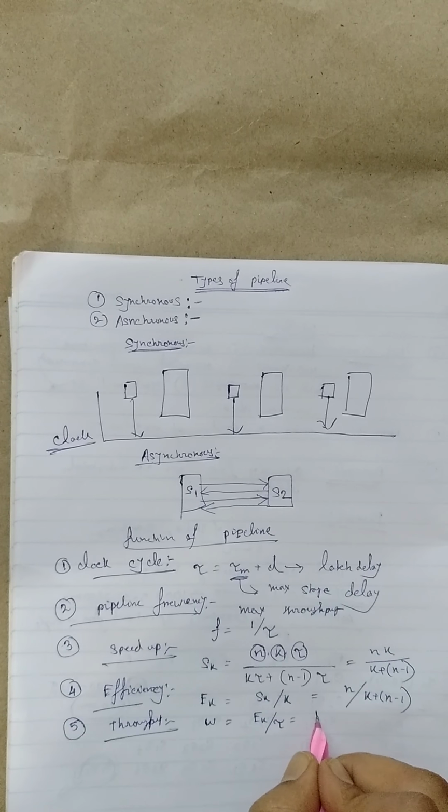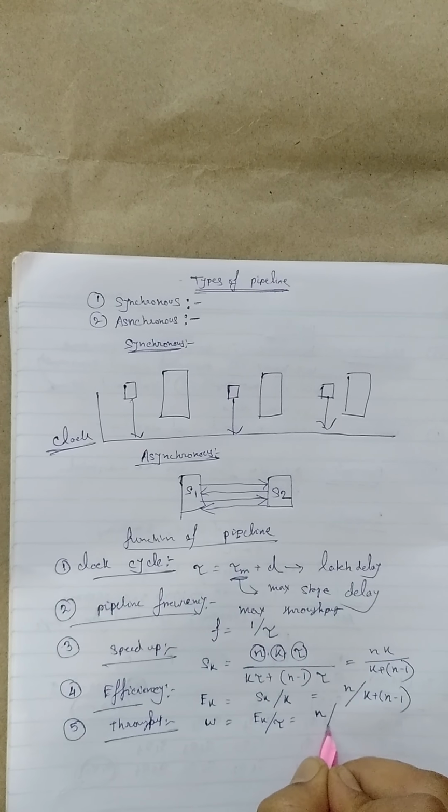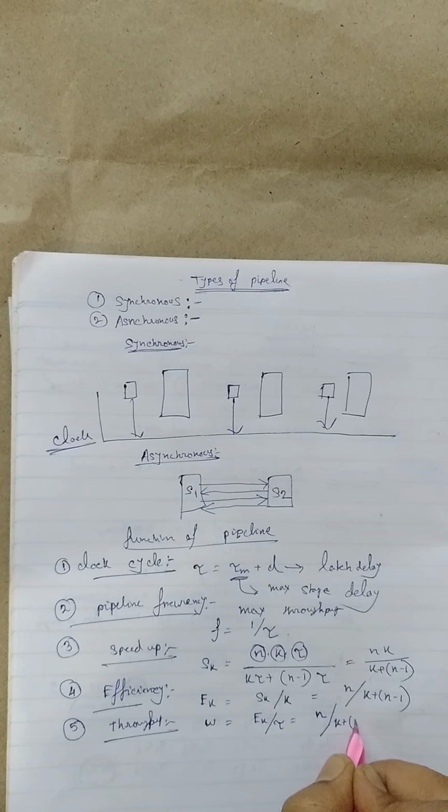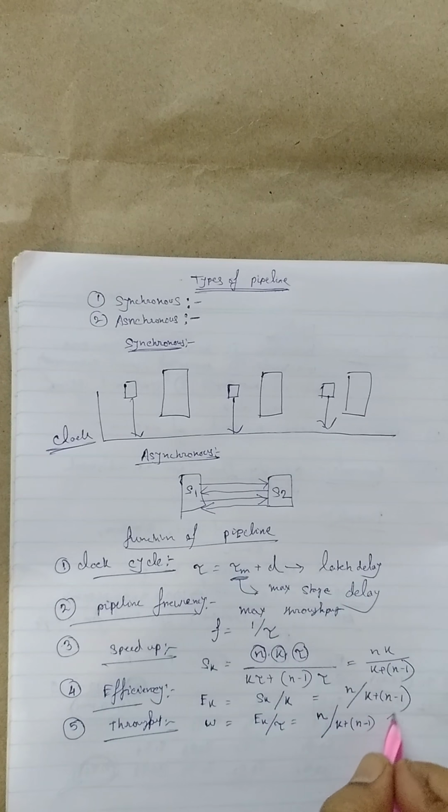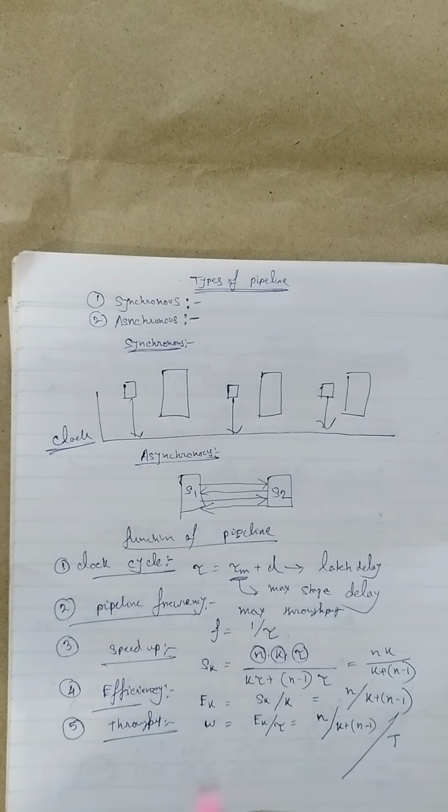After putting the value, we'll get n by k plus n minus 1, all multiplied by tau inverse. So, these are the definitions of the different functions of pipeline. In the semester, there will be different questions on the basis of these.